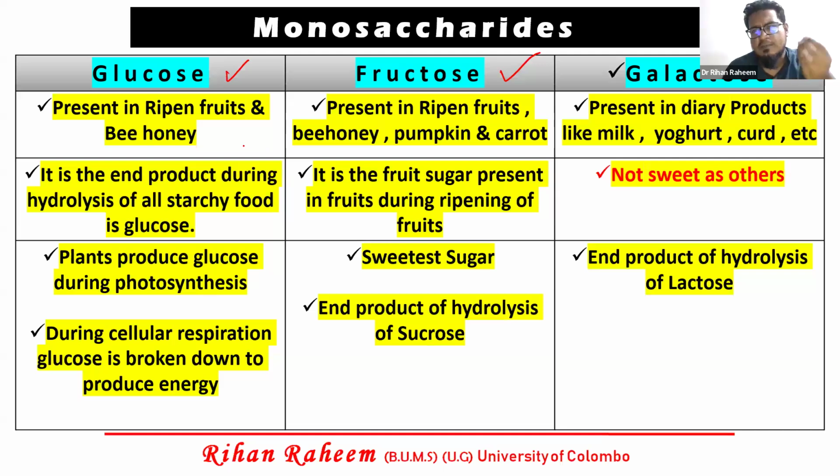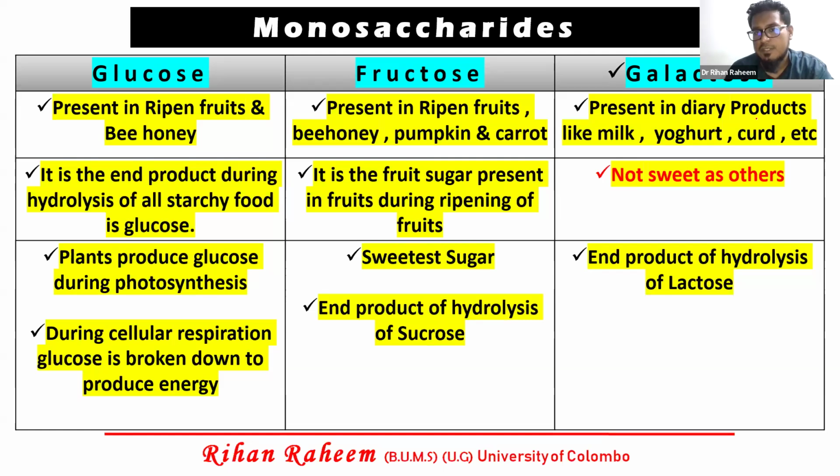It's present in many places, but in our syllabus, they have given these two, so we'll limit it to those. Fructose is also there in ripened fruits, bee honey, and orange and yellow colored fruits and sweet vegetables like pumpkin and carrot. Even in sugarcane, fructose is there. From that, they make sugar.